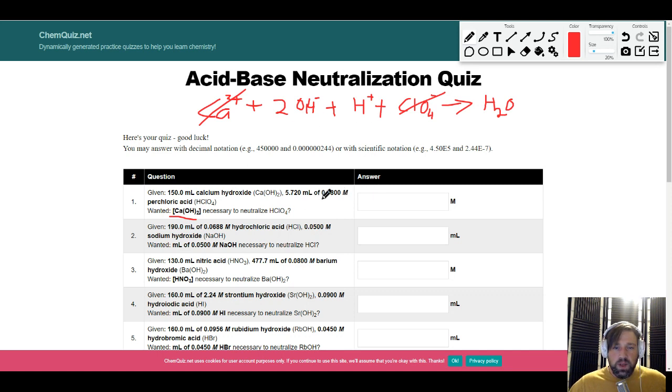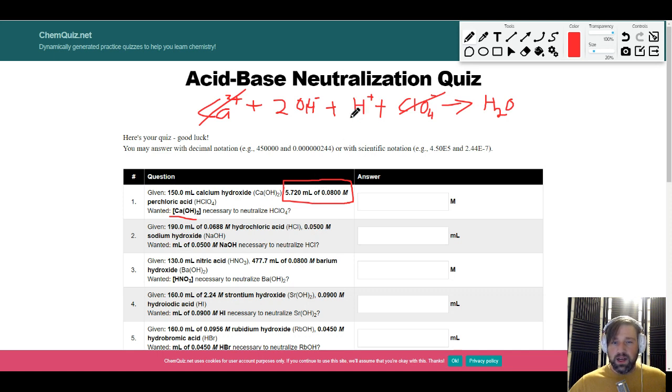What we need to first figure out is how many moles of H plus are in this 0.08 molar perchloric acid. That's going to be step one. Basically, take the thing that you know, both the volume and the concentration, and turn this to moles. Okay, that's going to be step one.